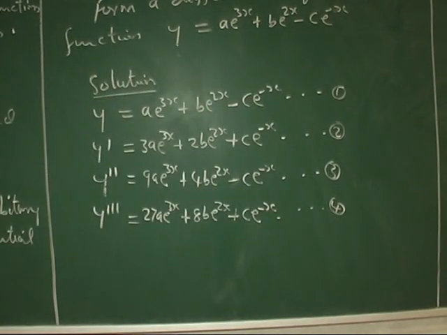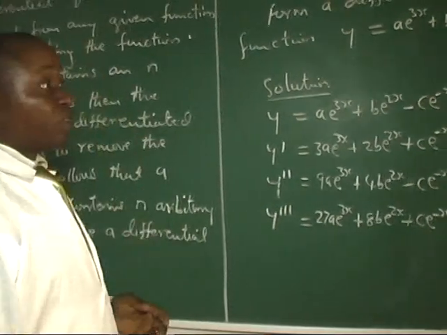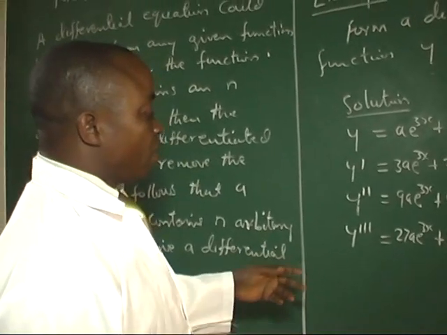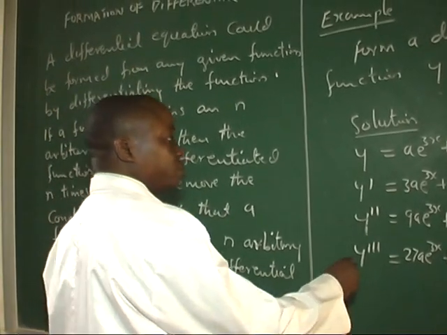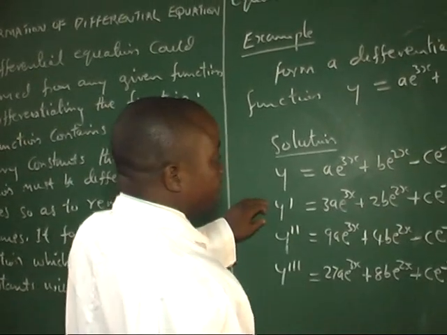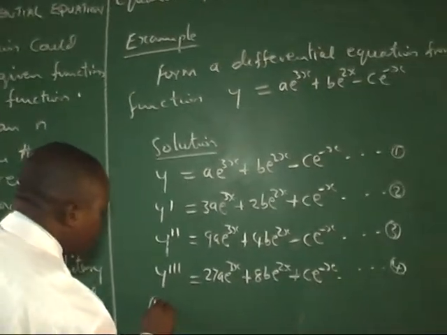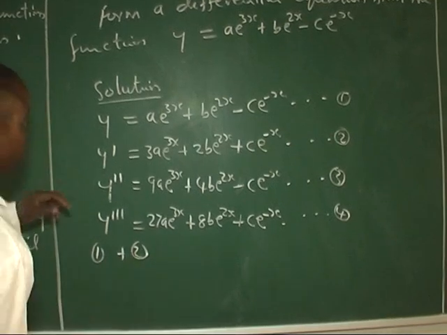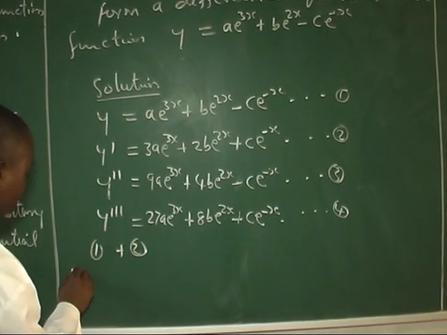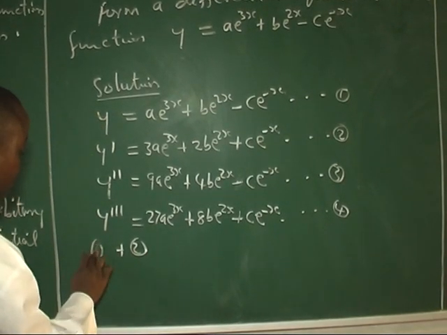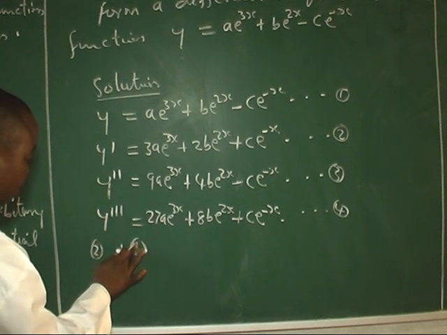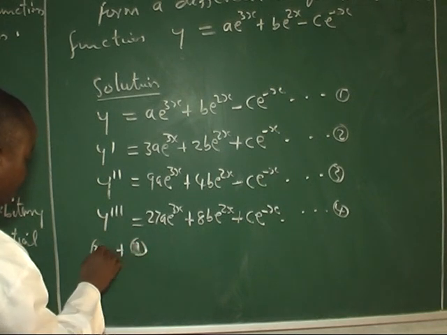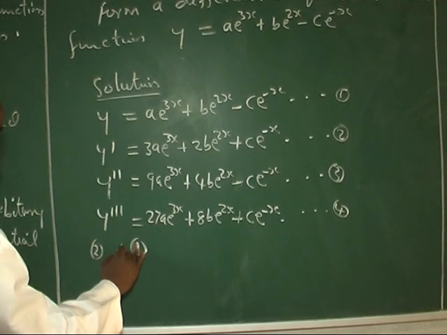So we have these equations, and for us to form this, we are going to remove the constants. Let me put it that way so the arrangement will be proper.